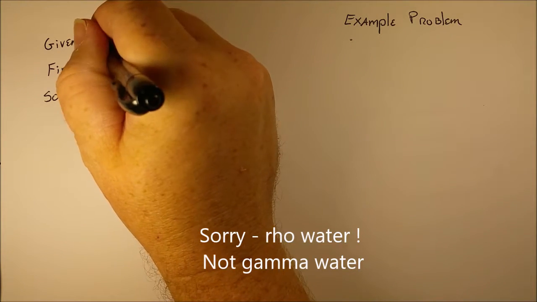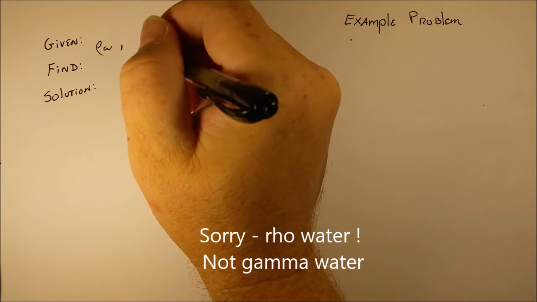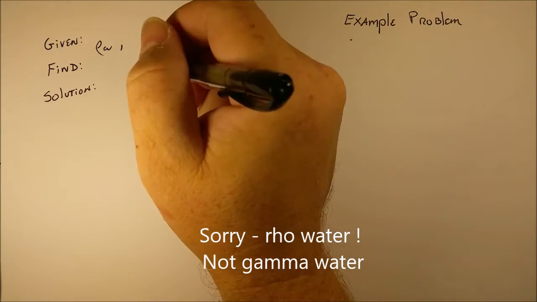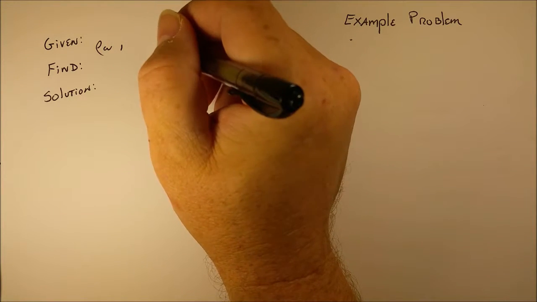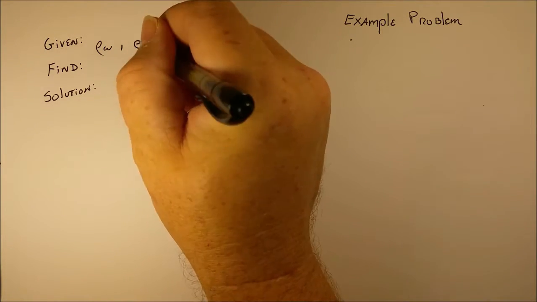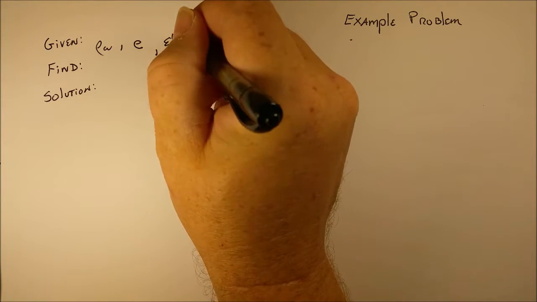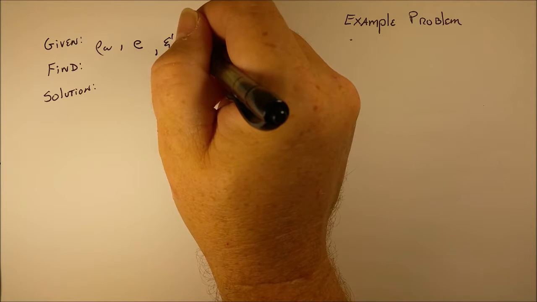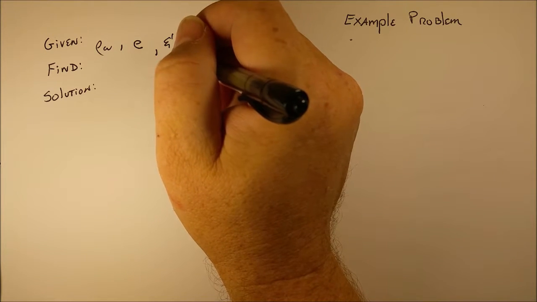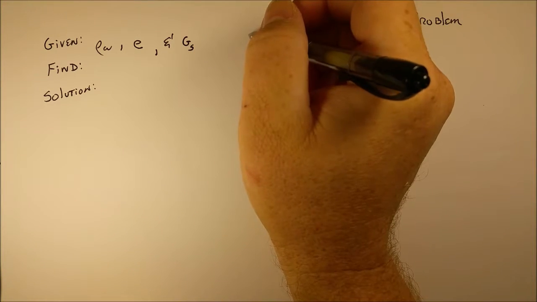So we're going to have a gamma water, and you pretty much always know gamma water in any of the problems that you do in soil mechanics, because you know what the density of water is. In this case, we're also told the void ratio, and we also know the specific gravity.